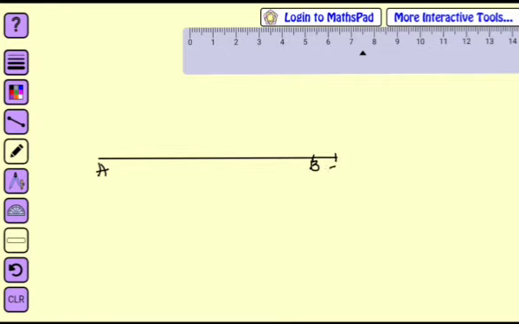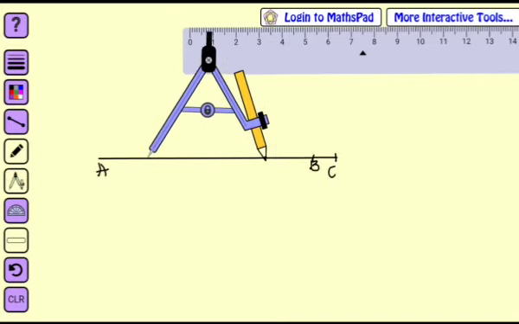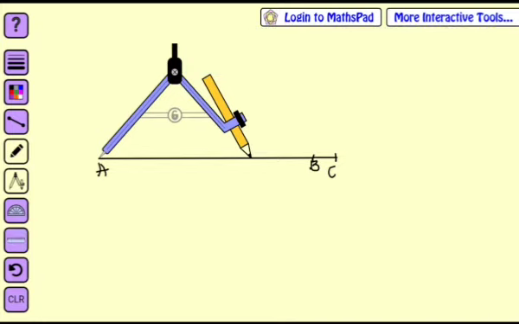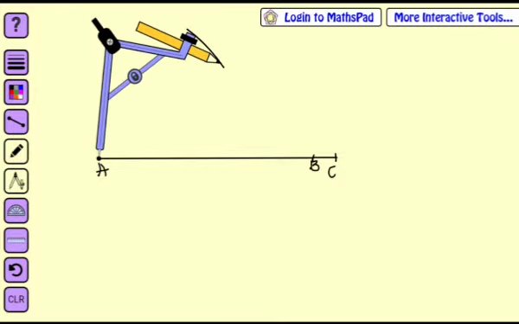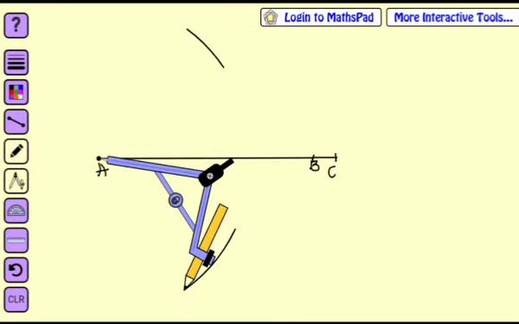Now, what do we do next? We open a compass of radius more than half of AC and make a perpendicular bisector of AC. We are making a perpendicular bisector of AC so that I can have the midpoint of AC.